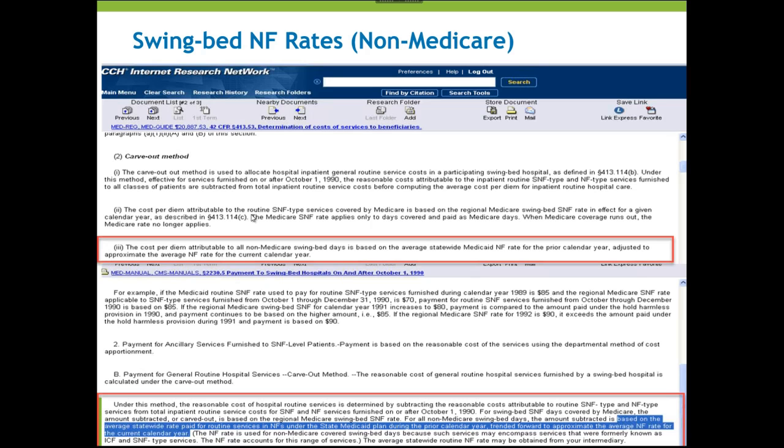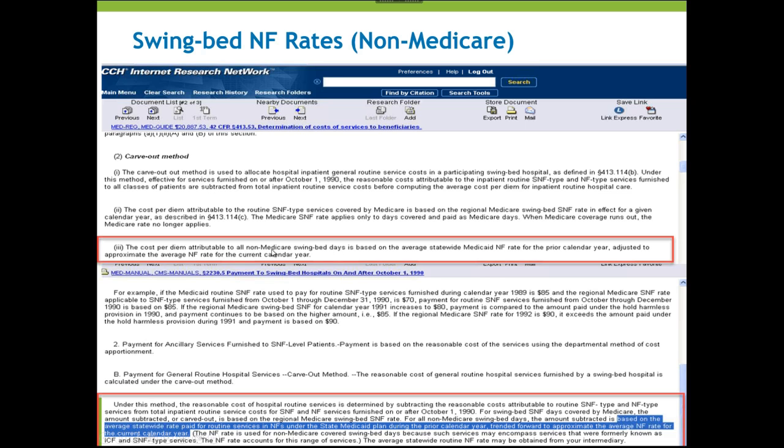Now here I have two different citations for the different rules related to the calculation of these Medicaid NF rates. At the top I have the regulation at 42 CFR 413.53, and it talks about the swing bed carve out. Specifically, it says the cost per diem attributable to all non-Medicare swing bed days.